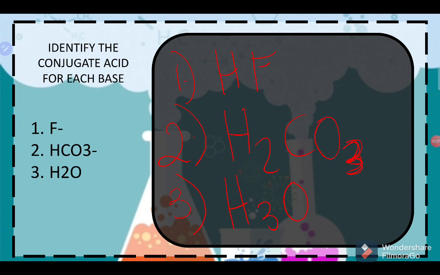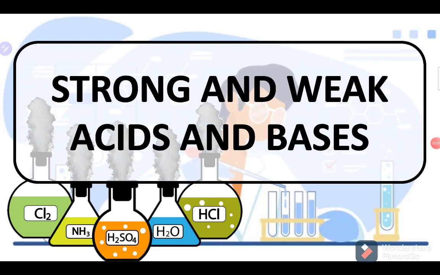So there is an increase in hydrogen ion, and so their charges will also increase. So all of these conjugate acids will have an increase in charge, and so they will become positive. Okay? So let's proceed. Now let's proceed with strong and weak acids and bases.